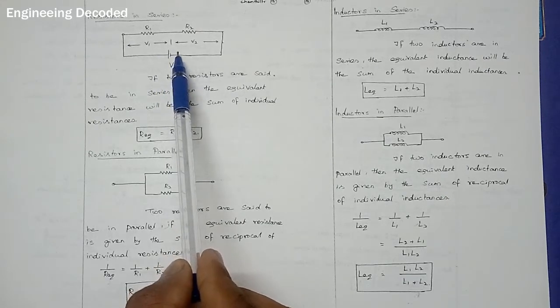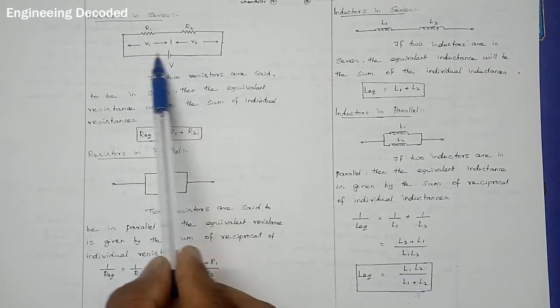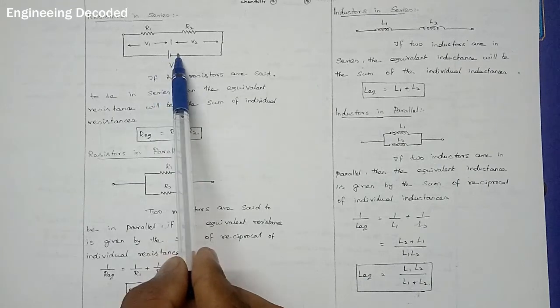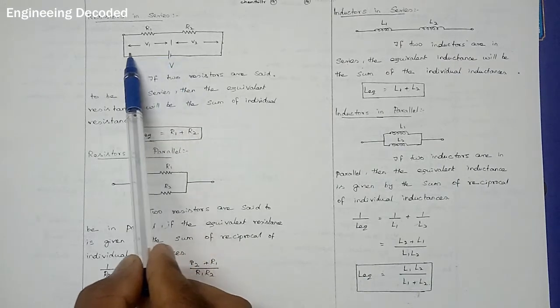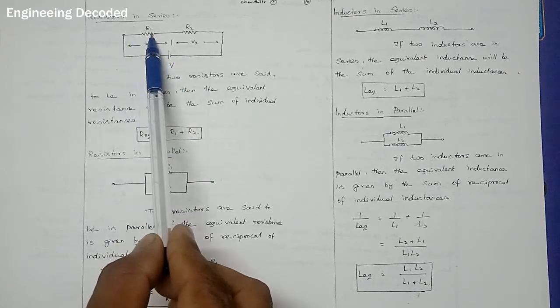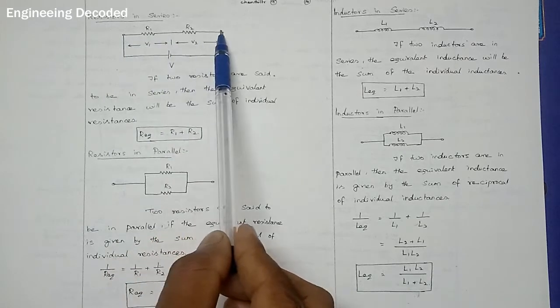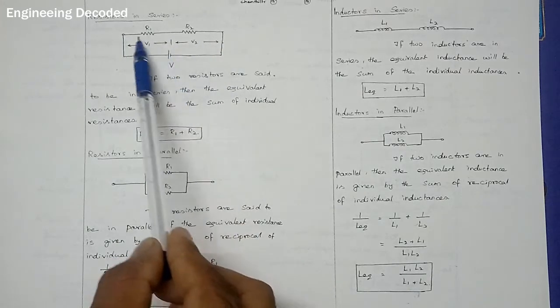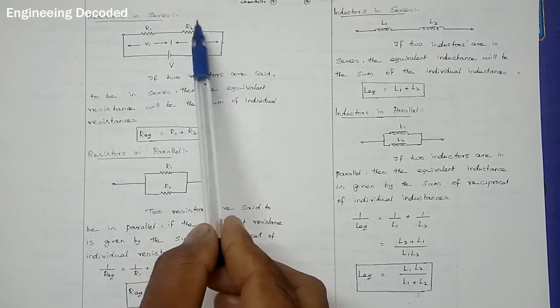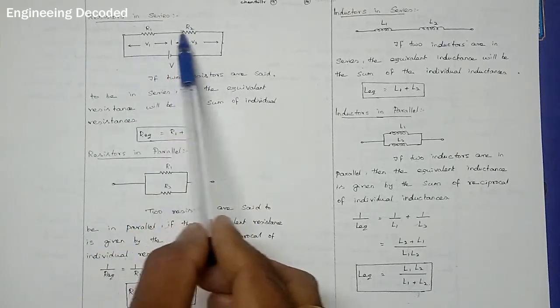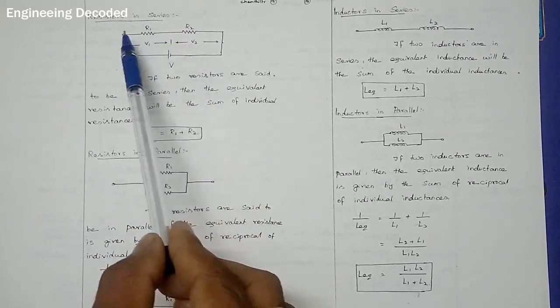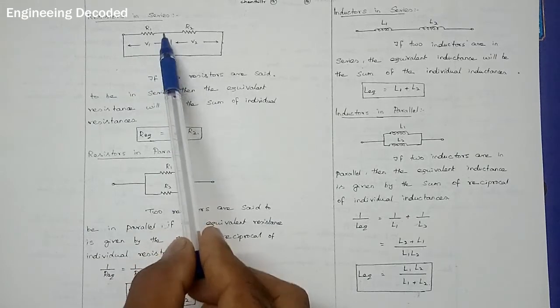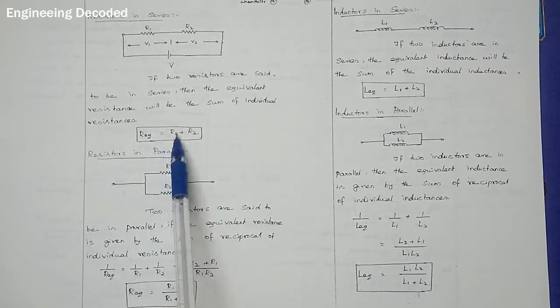Current is a flow of electrons, so from negative to positive the charge will flow. It will be flowing here. The same current will be flowing through this, and the same current will be flowing through this. So these two are said to be in series because the same current flows through these two elements. In this case, the equivalent can be written as R equivalent equal to R1 plus R2.